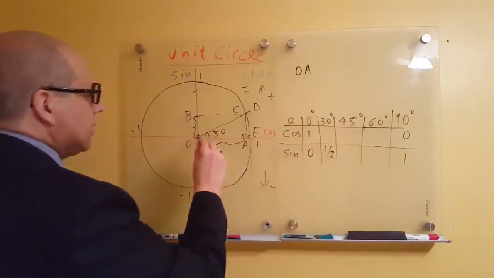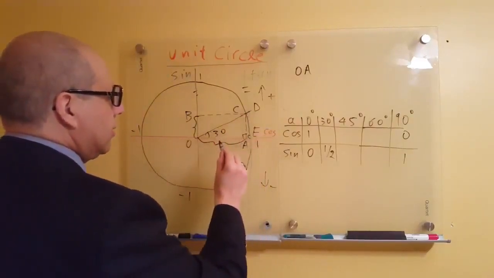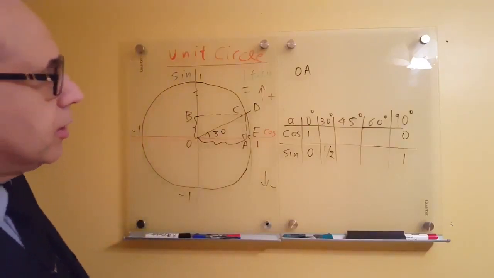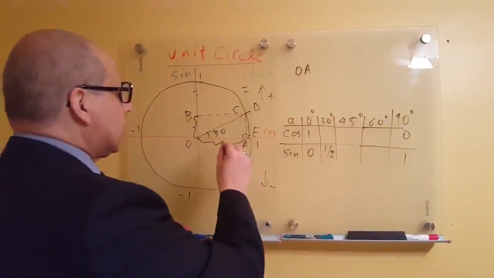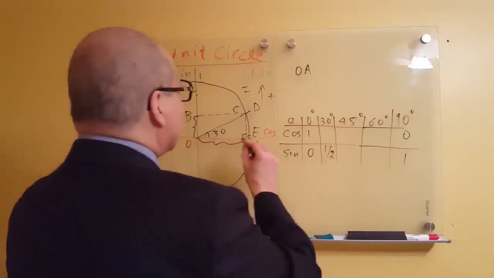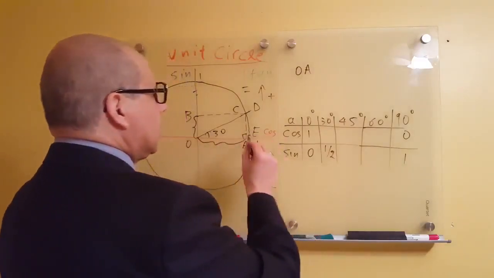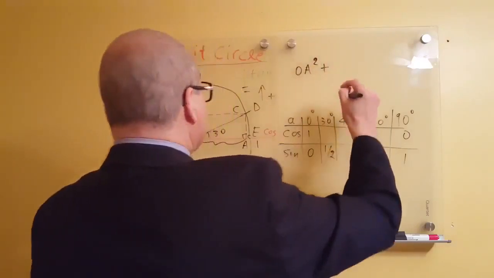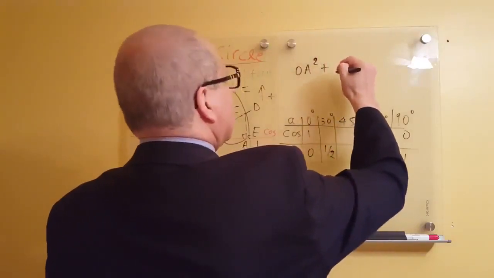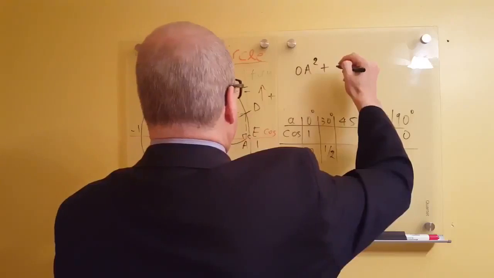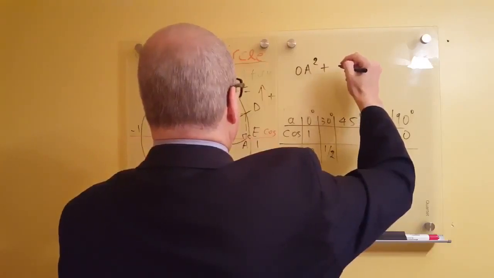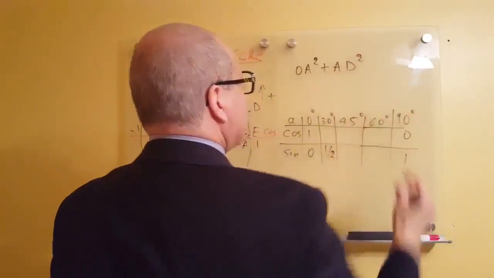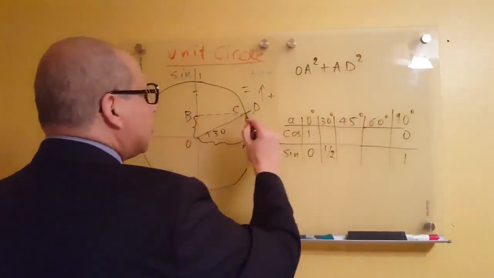you have this here, it's a right triangle, and that means that you can apply the Pythagorean theorem, which says that the sum of the squares of the two perpendicular segments, so OA square plus AD square, has to be equal with the hypotenuse square.